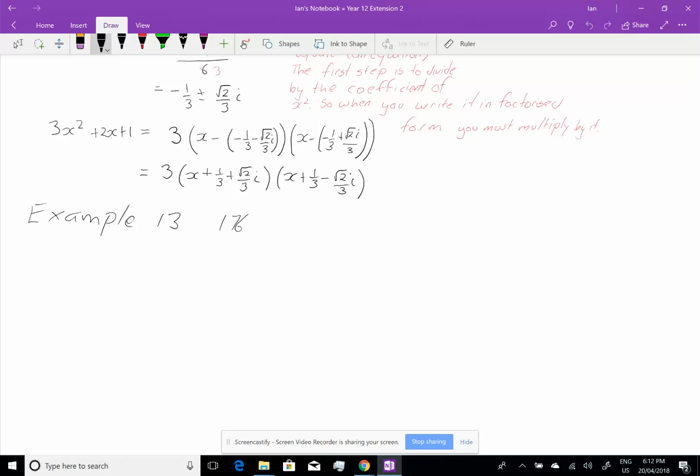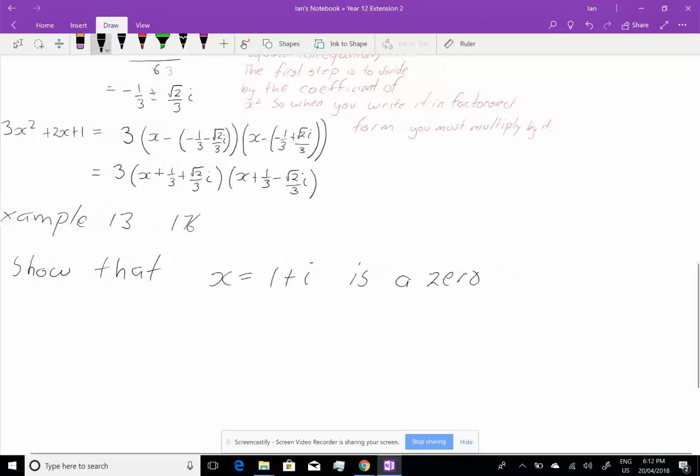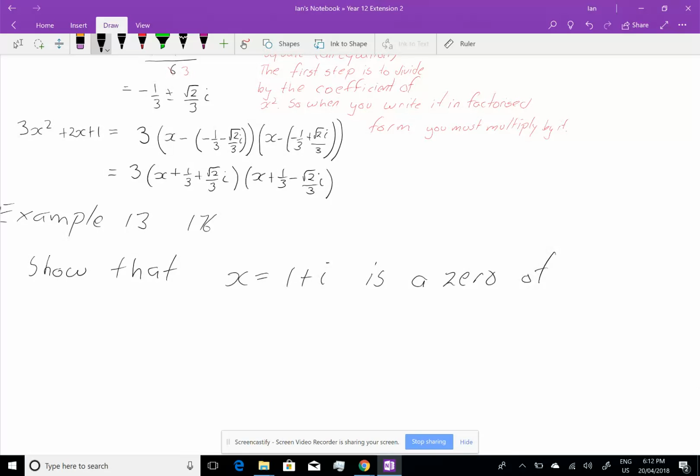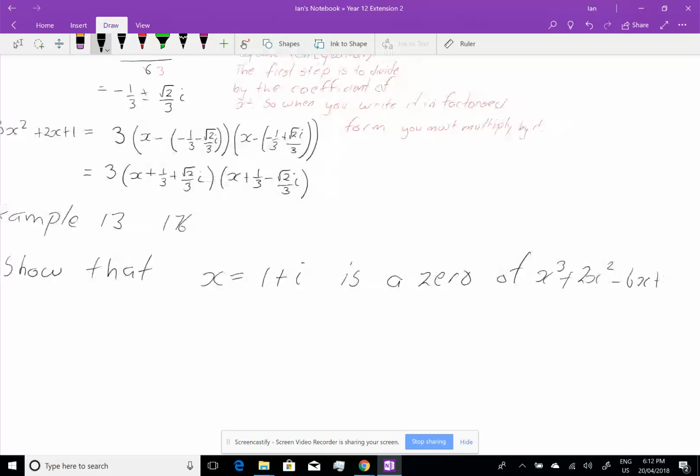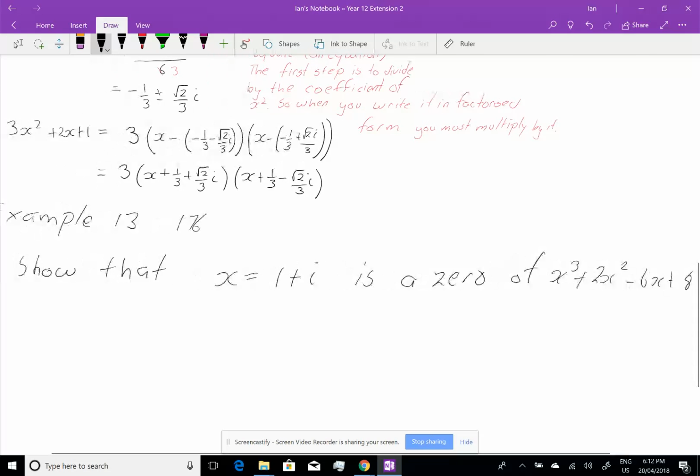It says, show that x equals 1 plus i is a zero of x cubed plus 2x squared minus 6x plus 8.